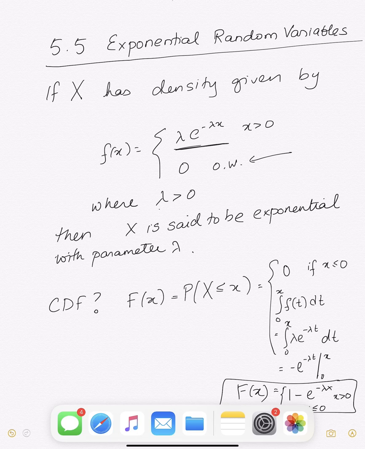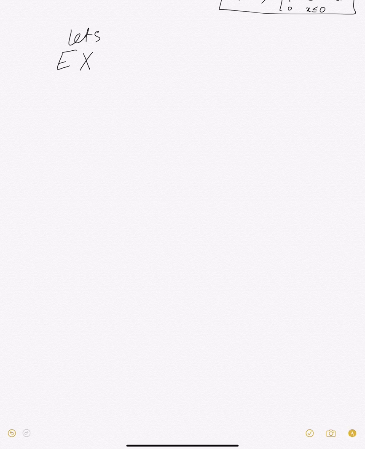So let's take a look: the expectation of the random variable and the variance of the random variable. The way we're going to calculate the expectation and variance is actually quite a nice technique.